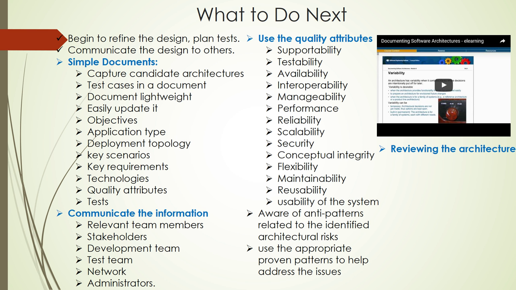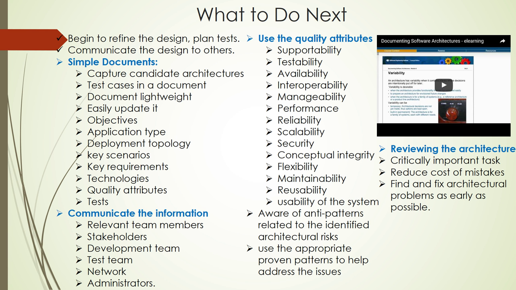The next step, you need to review the architecture for your application, which is a critically important task in order to reduce the cost of mistakes and to find and fix architectural problems as early as possible.